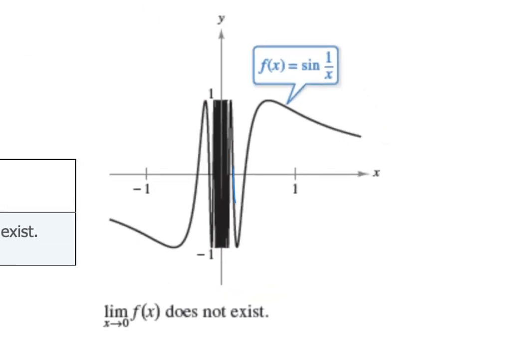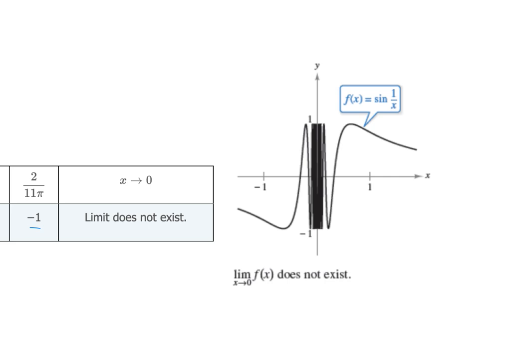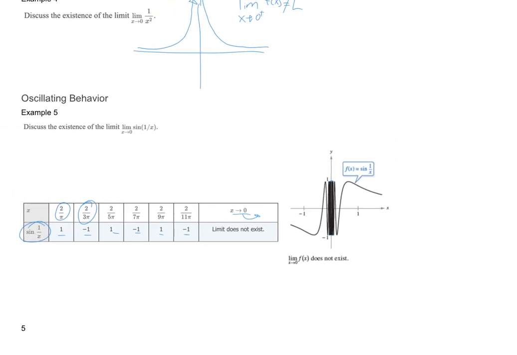It's hard to tell in this graph, but it is switching from 1 to -1 so quickly that this limit will not exist. As you get closer and closer, this is going to jump between +1 and -1 even more rapidly. Even as you get closer and closer to 0, you can always get a little bit closer and switch. So it's not approaching one single number. This limit does not exist.